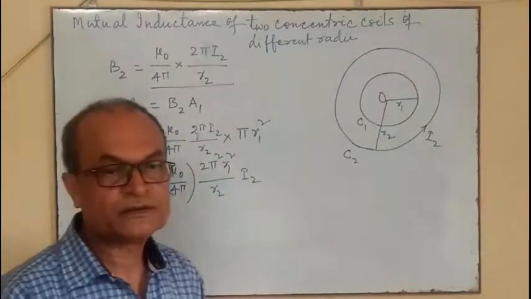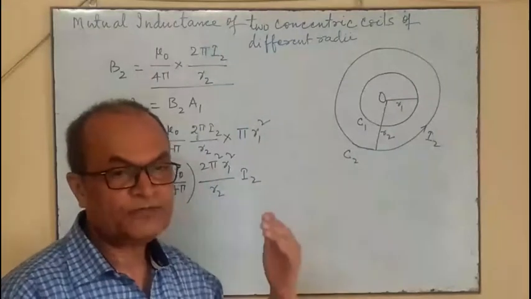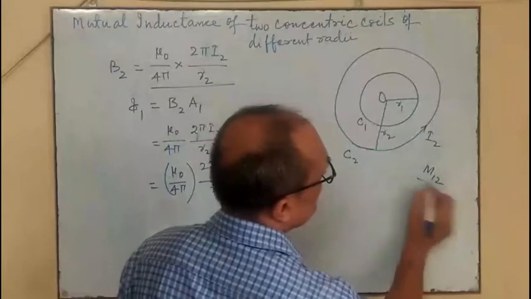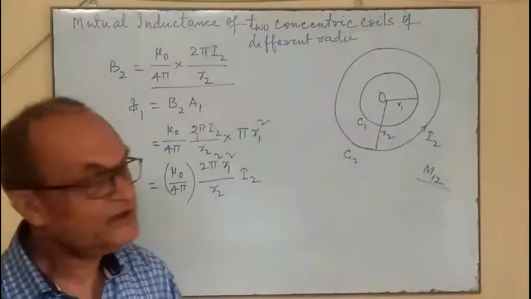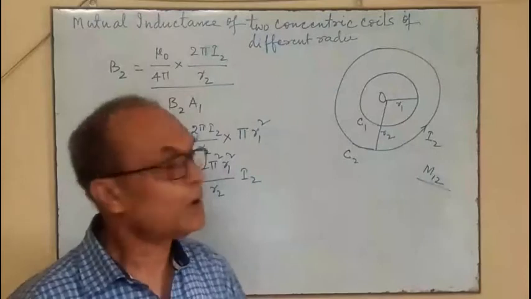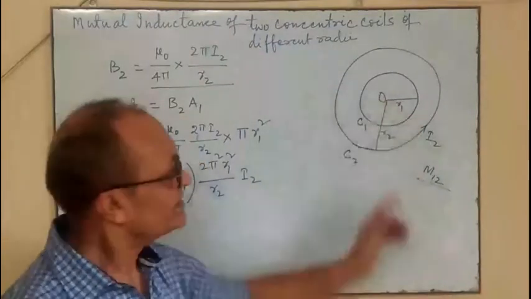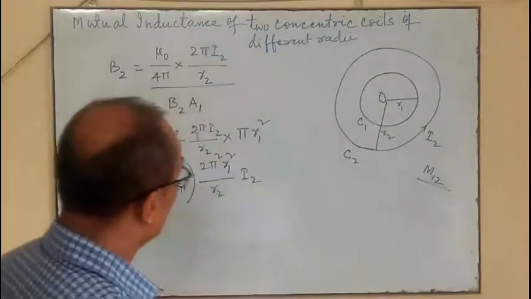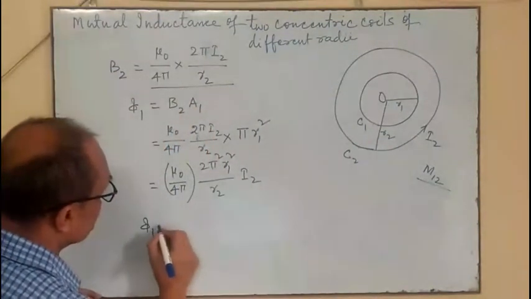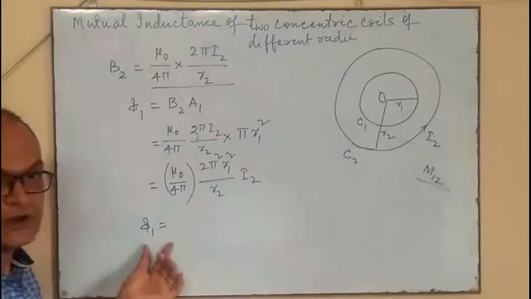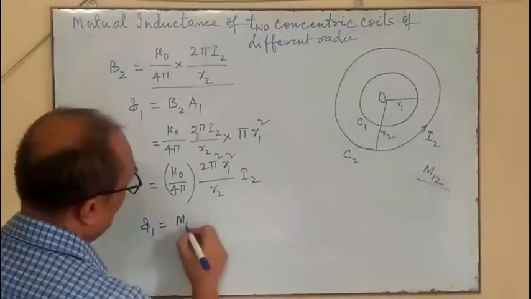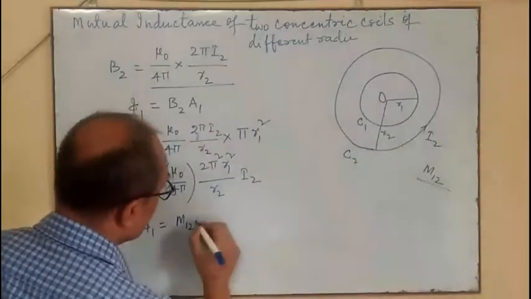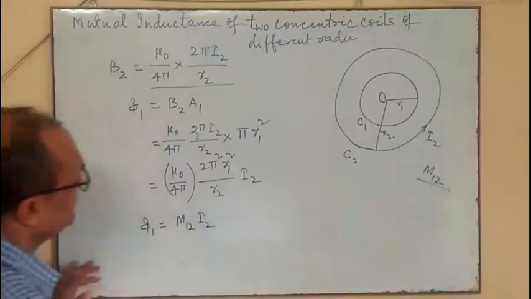So we know here that if M12 is the mutual inductance of coil C1 with respect to coil C2, then according to the definition, phi 1 equals M12 into the current which is flowing through this, I2.